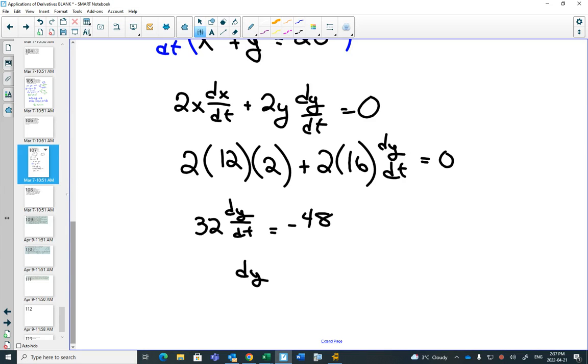And so dy/dt is equal to negative 3/2 feet per second. So a little bit different because one of the values here was constant.